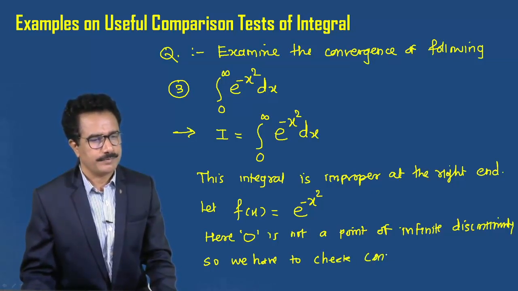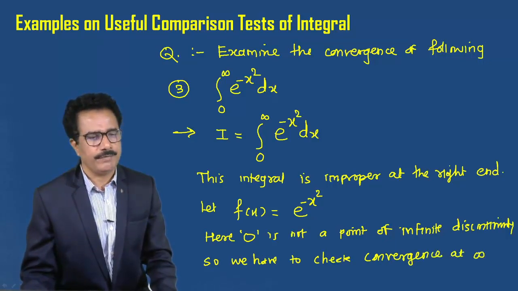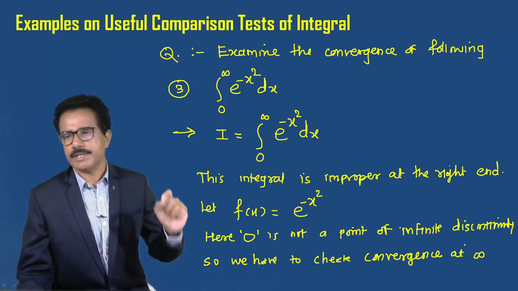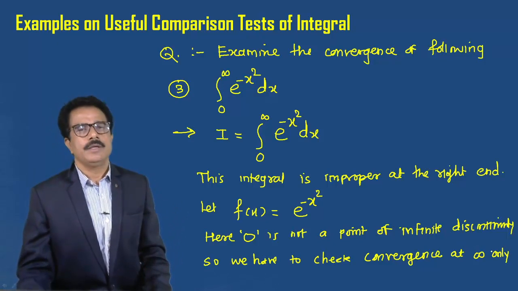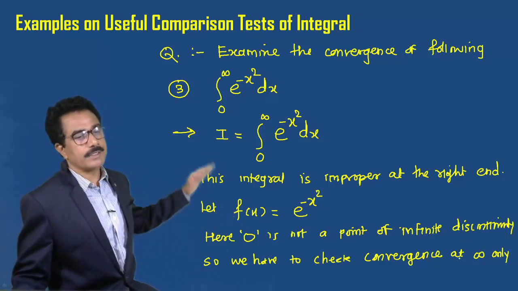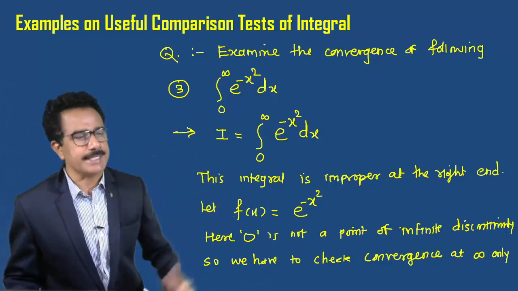We have to check convergence at infinity only. Okay, now we have to check the convergence at infinity, meaning the right hand end.